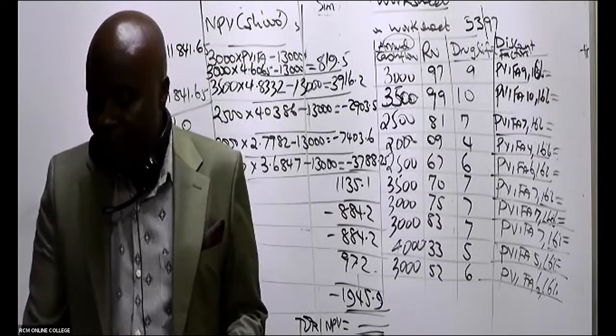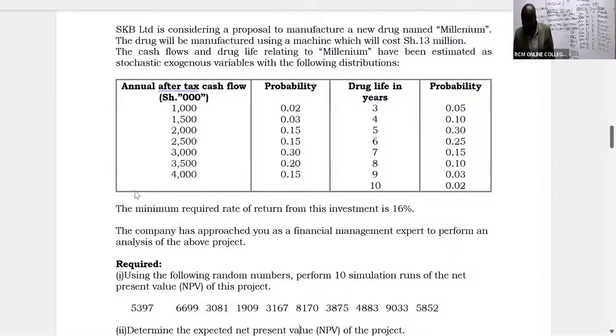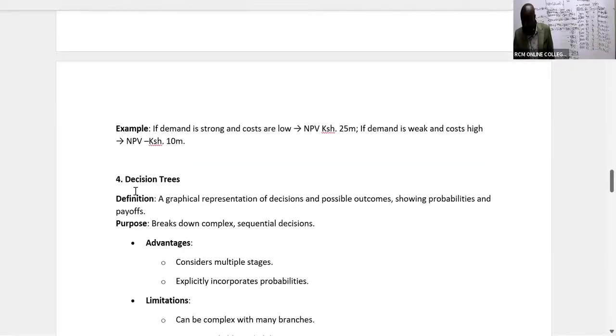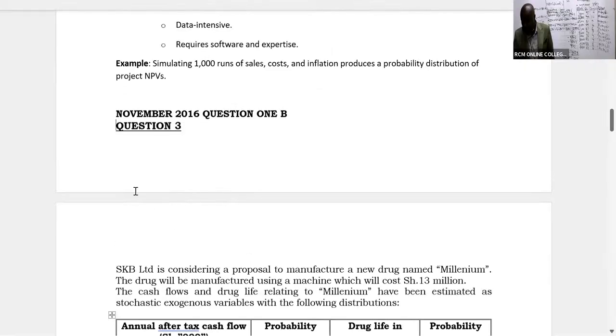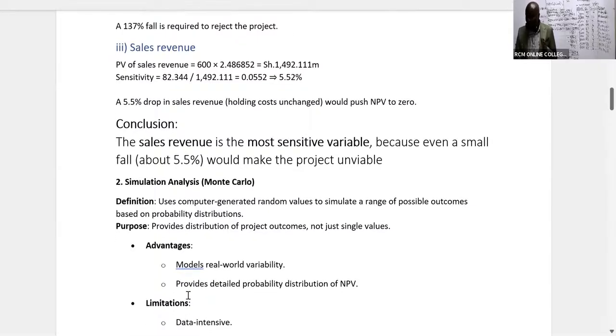Please don't forget to read some of those small things that I normally share with you. Like in this handout, you'll always get them in your theories, where they're discussing the advantages of simulation: it models real world variability and provides detailed probability distributions of net present value, many NPVs, many scenarios.